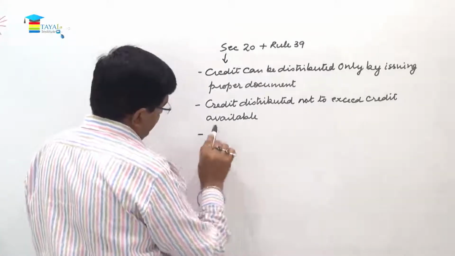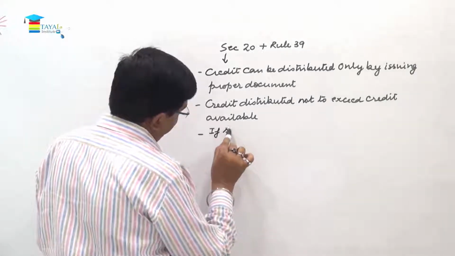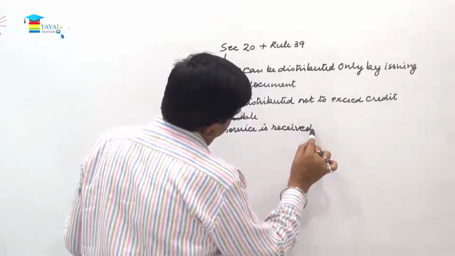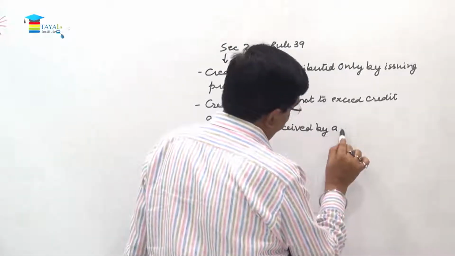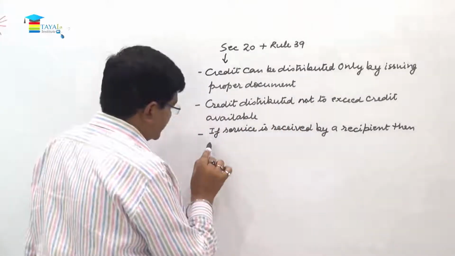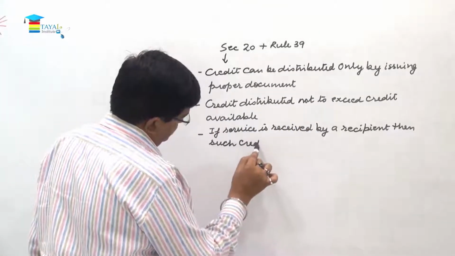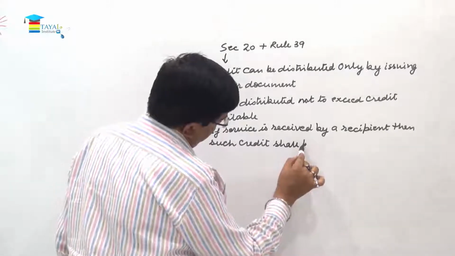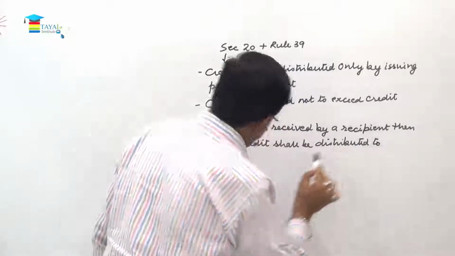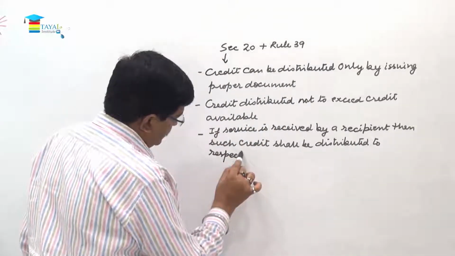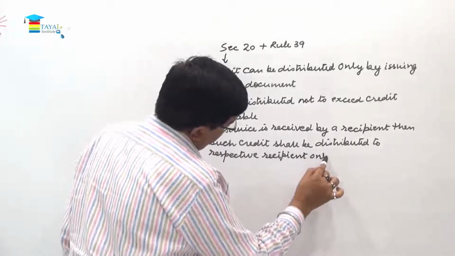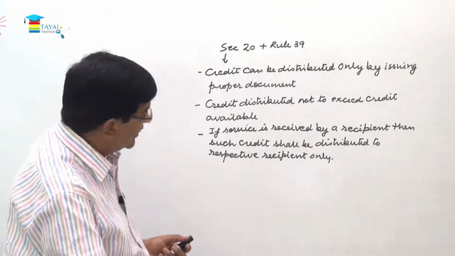And then it further says, if service is received by a recipient, then such a credit shall be distributed to respective recipient only. Right?